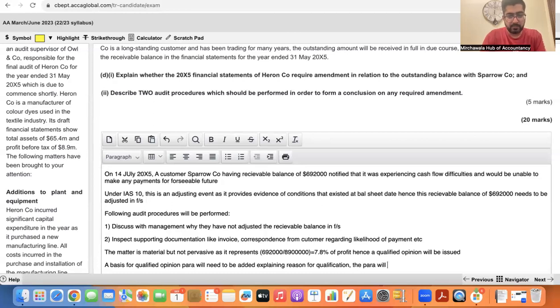The paragraph will state except for the possible impact of this on the FS. So these last two things were not required, but just to explain, I have mentioned them complete. Okay, you can copy and leave. This ends our question. Thank you.